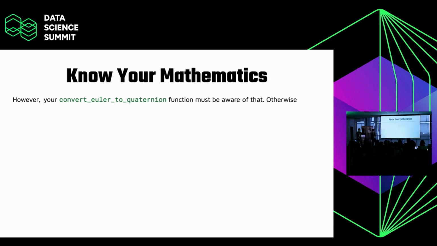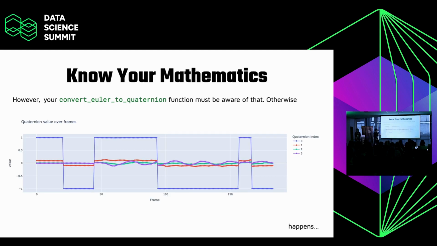And why is it important? Because we had some fails in our project. That's why I tell you that. So your convert-Euler-to-quaternion function must be aware of this fact. Otherwise, this might happen. So those frames, here you have four numbers, 4 quaternion numbers. This is one quaternion. Quaternions are normed to 1, and you have 4 indices. Anyway, here we have one number, and then here we have minus q.